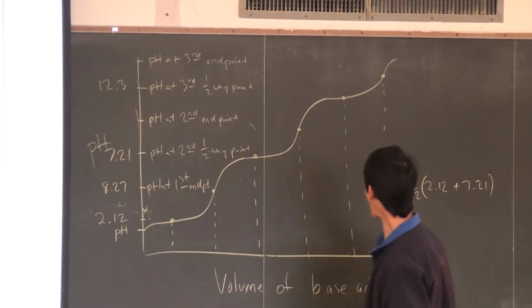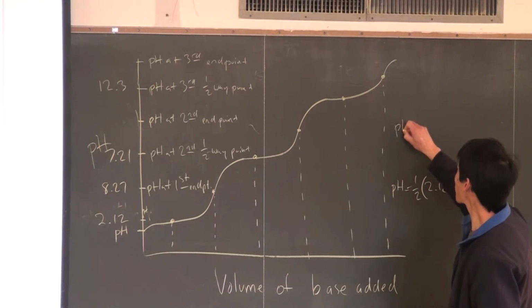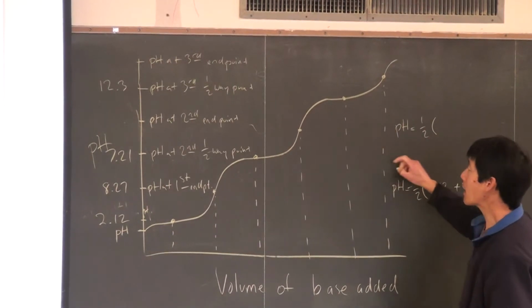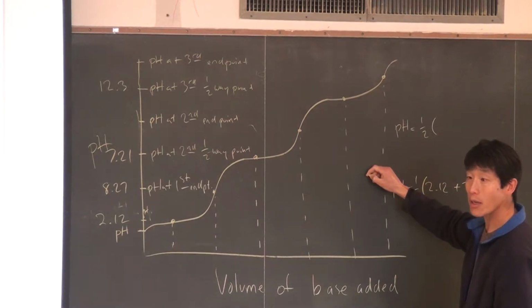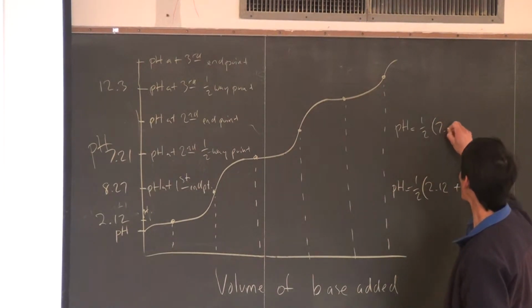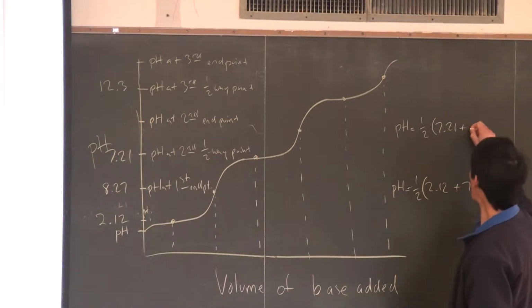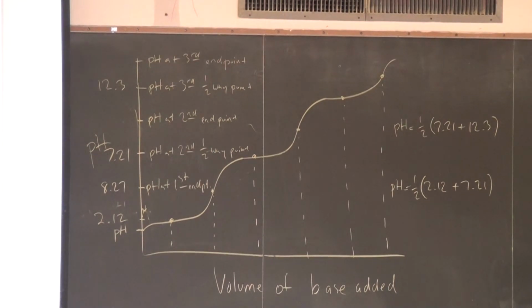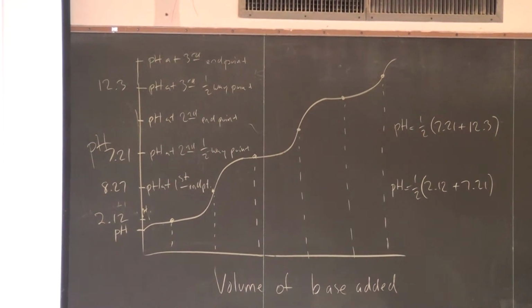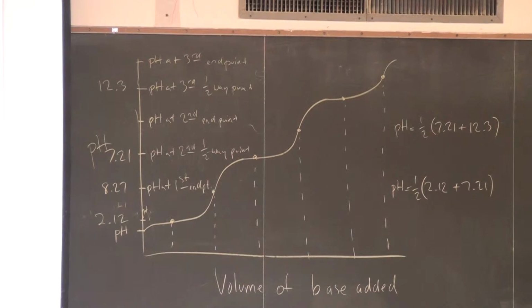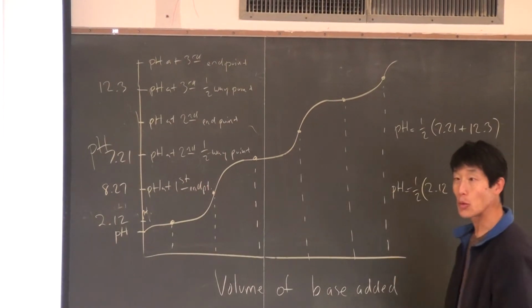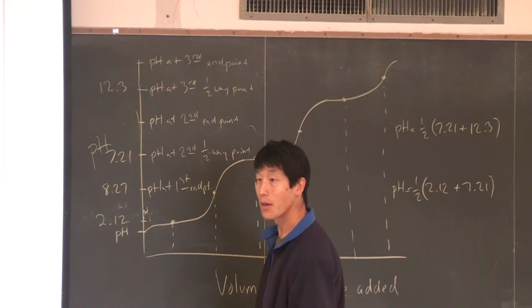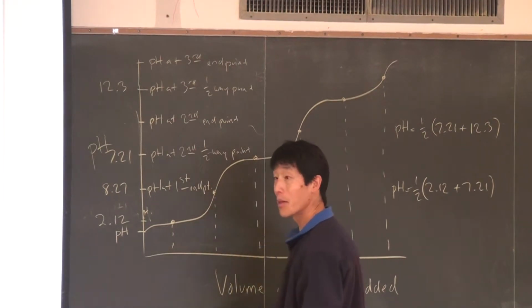We can do the same thing at the second endpoint. So at the second endpoint, pH is equal to 1/2 of pKa2 plus pKa3. Okay, so that's going to be 7.21 plus 12.3. So that's going to be 19.5 divided by 2, and that's equal to 13.36?